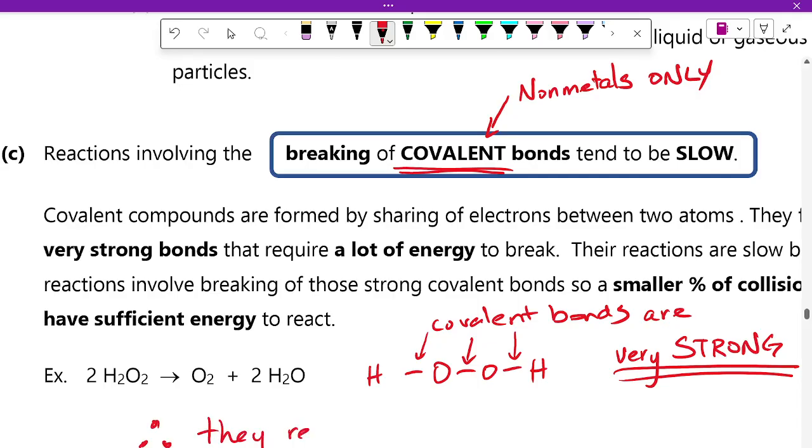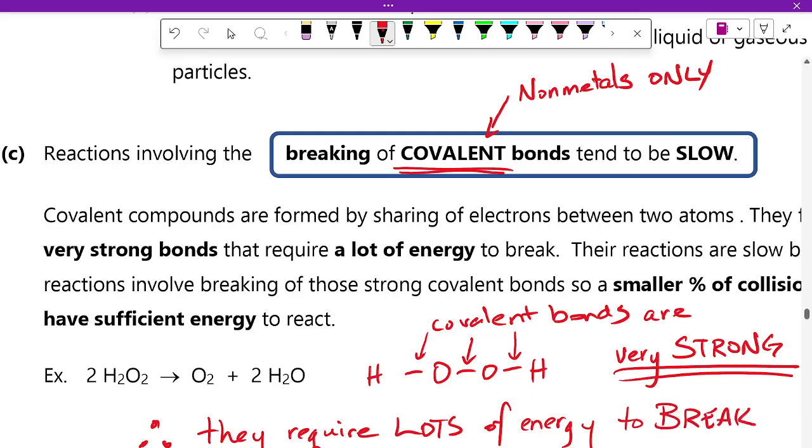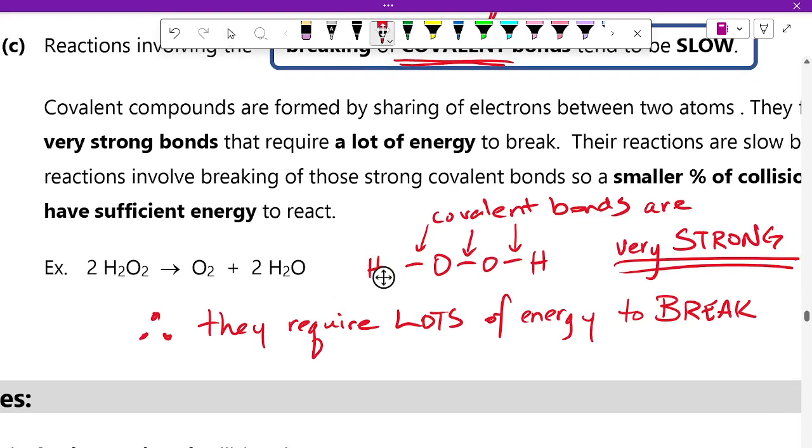So that means the reaction will be very slow. That's right. Therefore, the activation energy is high.